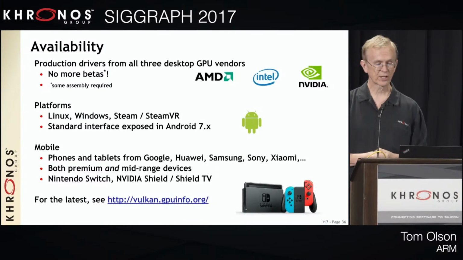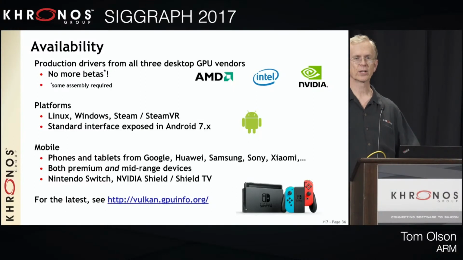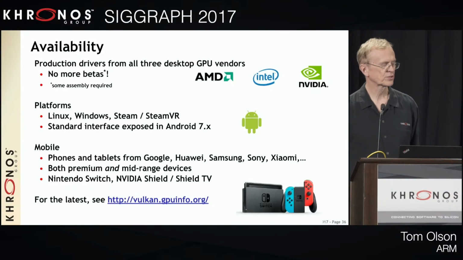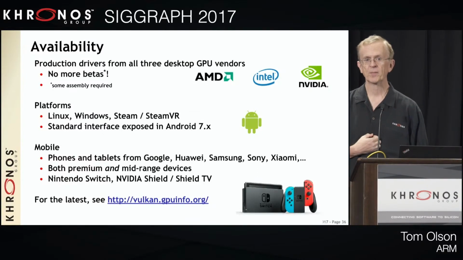I know all this because there are also awesome community resources like vulkan.gpuinfo.org, where you can get a catalog of crowdsourced descriptions of all of the implementations that people have bothered to upload. One point I want to make in the mobile space is that it's not just a premium device story anymore.